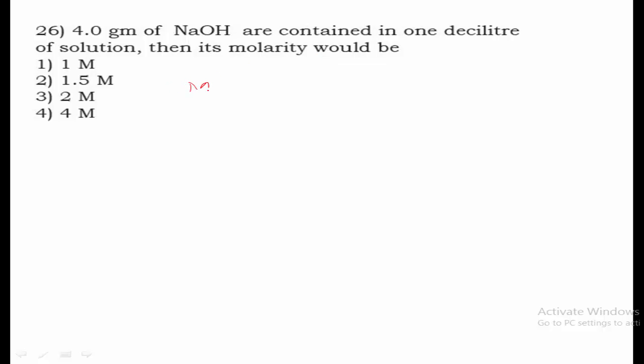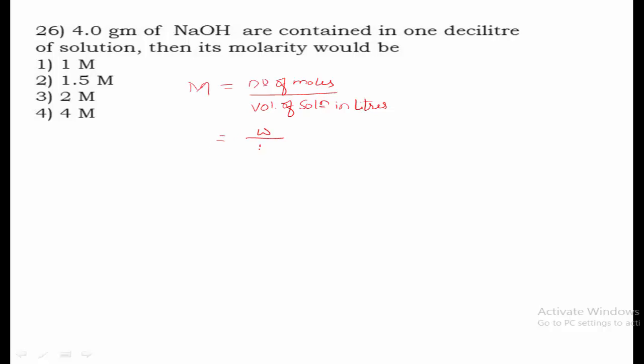So they asked you to calculate the molarity, and here molarity can be calculated by the formula: number of moles of solute to the volume of solution in liters. Now here number of moles, how you will calculate?